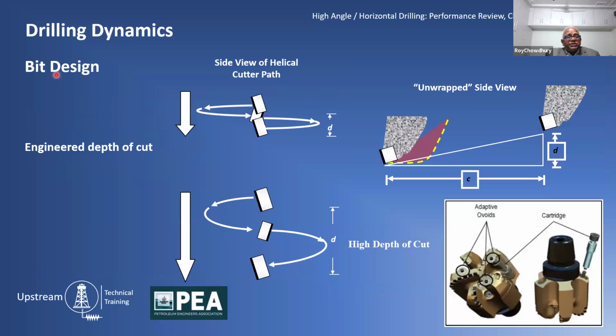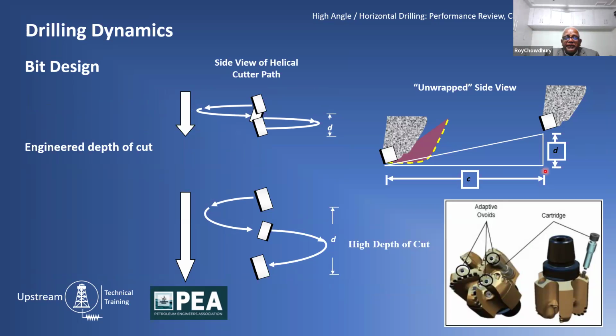Now, what is engineered depth of cut? Each cutter in the bit moves in a helical path because with every rotation it is going down. In one rotation, each cutter has traveled a vertical distance, a little bit more or less depending on its position from the center outwards.